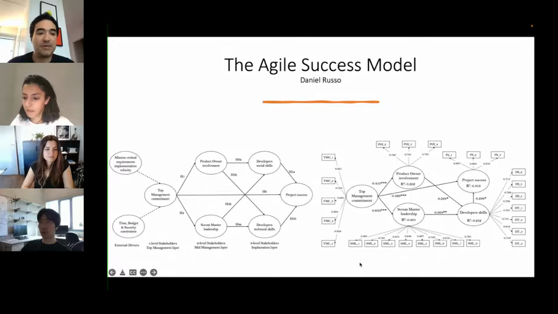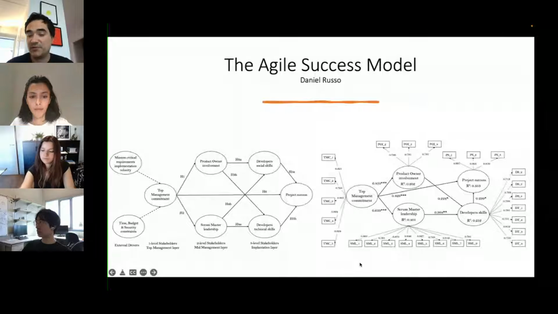Now, the top management or first level stakeholders were in direct contact with product owner and Scrum Master, and second level stakeholders were then on a day-to-day basis exposed to the developers. An important dimension that I identified during my qualitative investigation were both social and technical skills of developers that eventually caused and contributed to the project success.